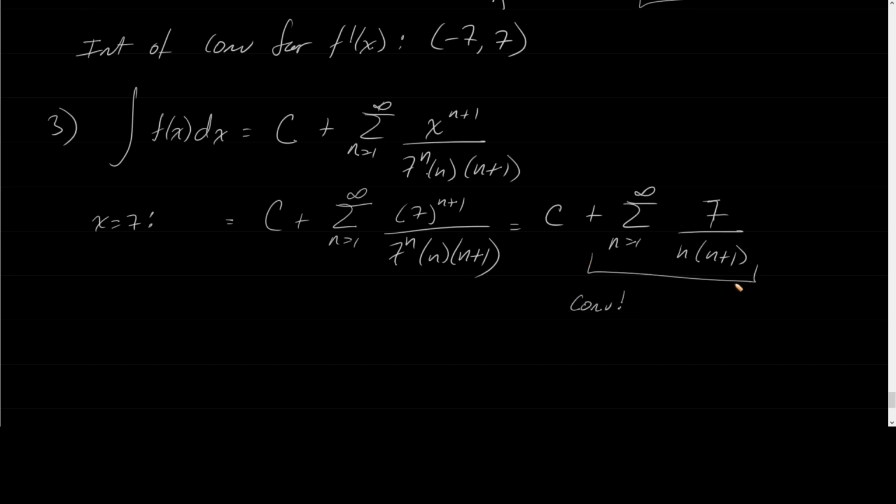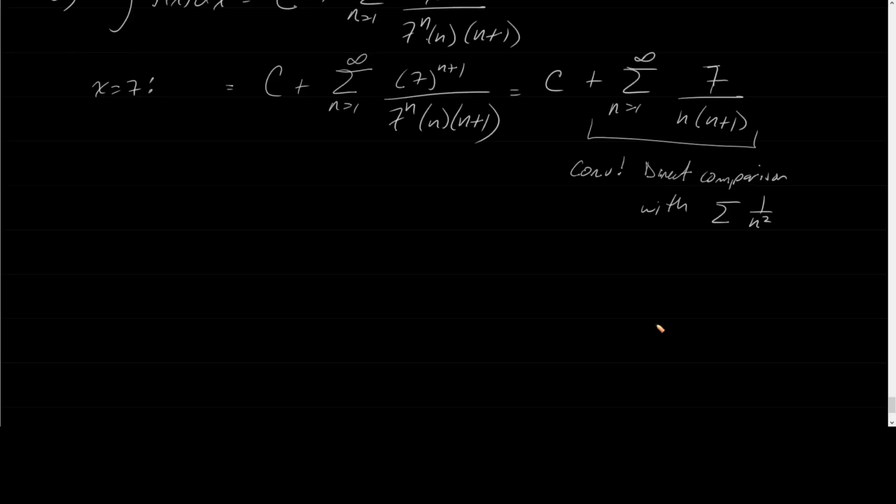Well, you can do a direct comparison test, direct comparison with the series of 1 over n squared. I'll leave that for you to figure out, but it does converge. So it converges at x equals 7.